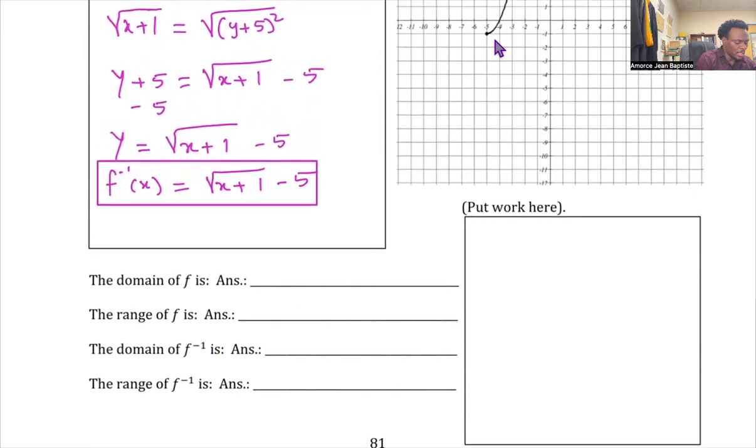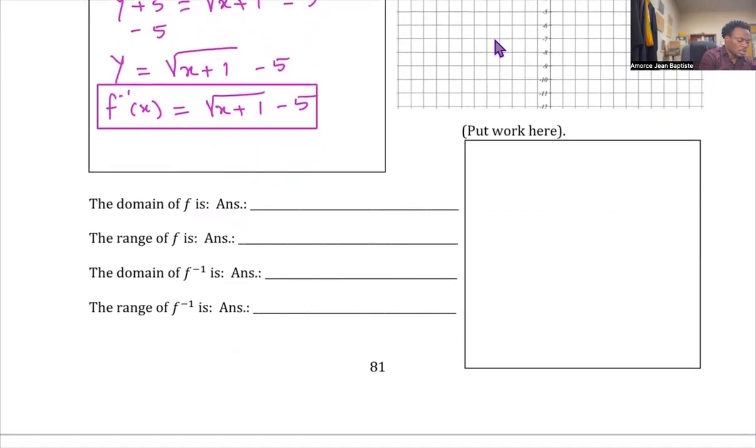So that's the function. And the other thing that I did not mention earlier is that inverse functions exchange domain and range.